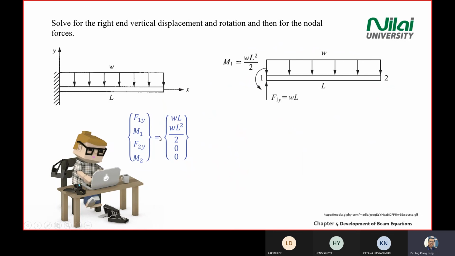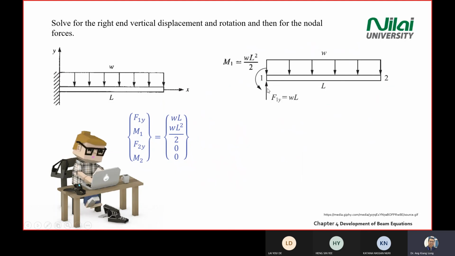So you transfer the answer into a free body diagram in the global scale. You draw back the beam with the distributed load W, and then you put inside the reaction force on point 1. From the answer, F1y is positive WL, and positive is going up.